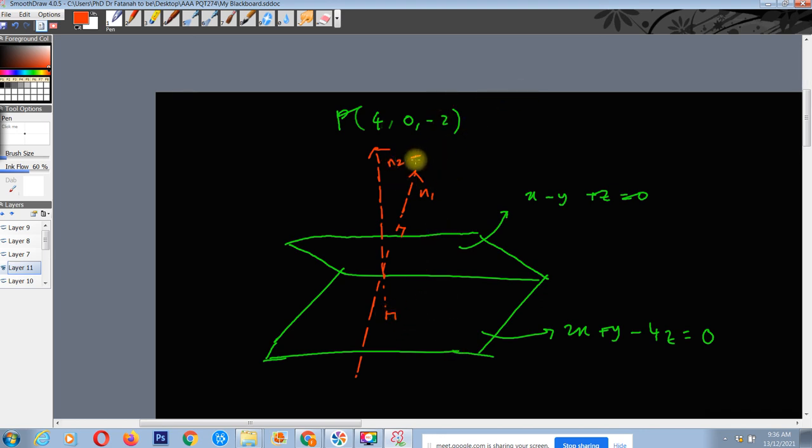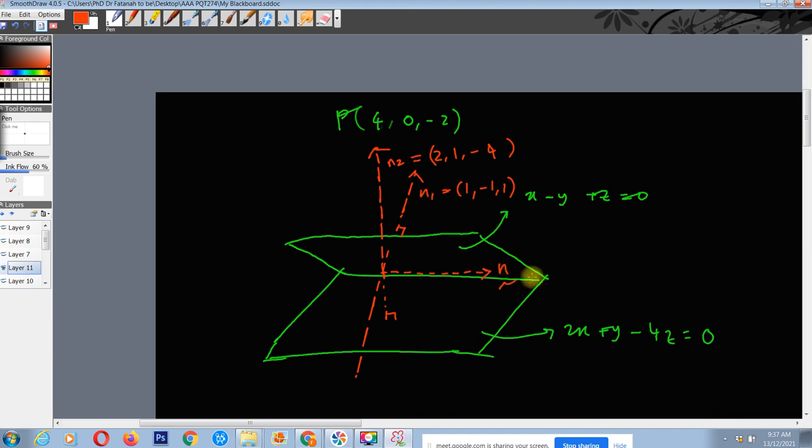So the normal N2 is 2, 1, negative 4. Normal 1 is equal to 1, negative 1, 1. So now we have two lines, two normals. If we want a plane perpendicular to these, we just take these normals and cross them, and we will get a new normal.